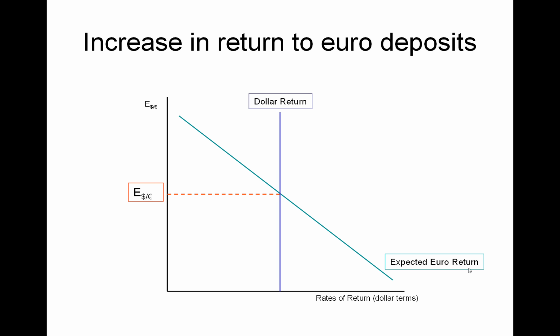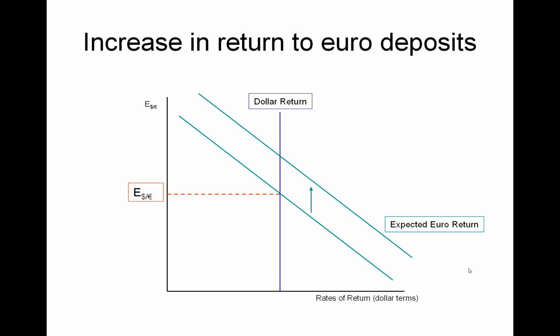Well, at every exchange rate or every spot rate, we're going to have an increase in the expected return of the euro deposits because the euro return was increased by the central banks. So we're going to have a shift again to the right. So how does this affect the spot rate between the dollar and the euro? It's going to increase it. And this is going to represent a depreciation of the dollar against the euro.